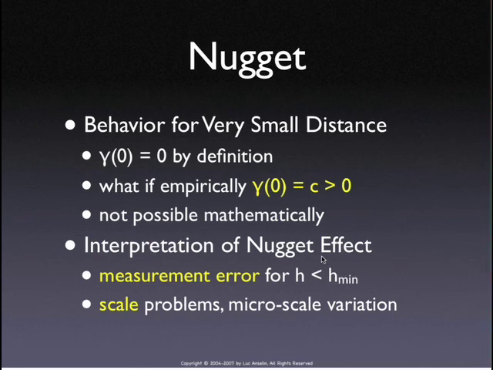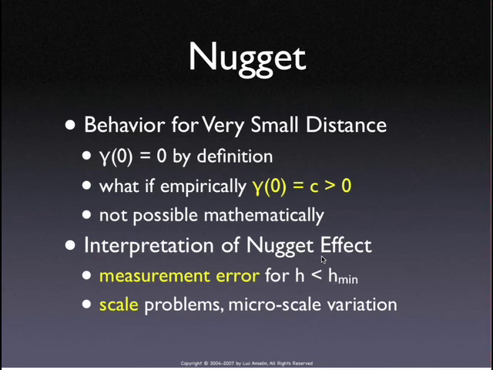Another interpretation, and the one that was more interesting from a mining point of view, is that there are actually two scales of variability. One is the overall scale of variability, which is what we're getting with our semi-variogram. The other is one that happens at a much smaller scale. And this is where the notion of a nugget comes from. This is gold mining.